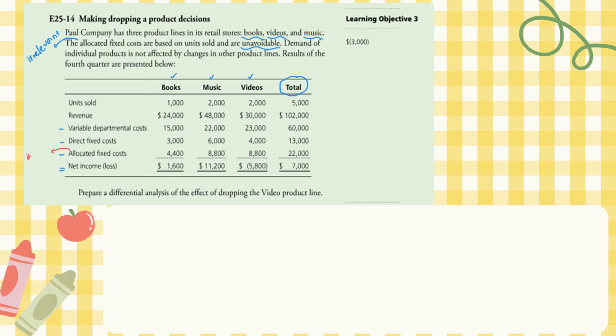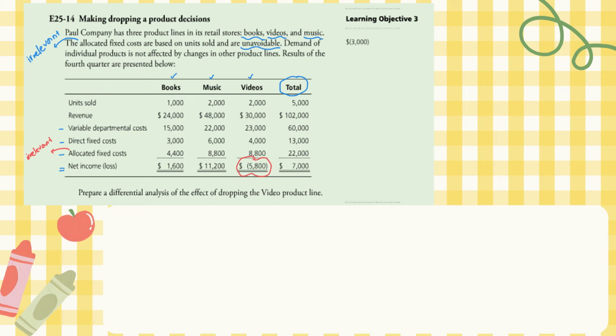It's unavoidable. I'm gonna pay it if I keep or I drop this line. So if we look at books, music, and videos, which product line I need to think, shall I keep or drop? The one which is suffering from losses, the videos. Okay, so here he's saying prepare a differential analysis of the effect of dropping the video product line.